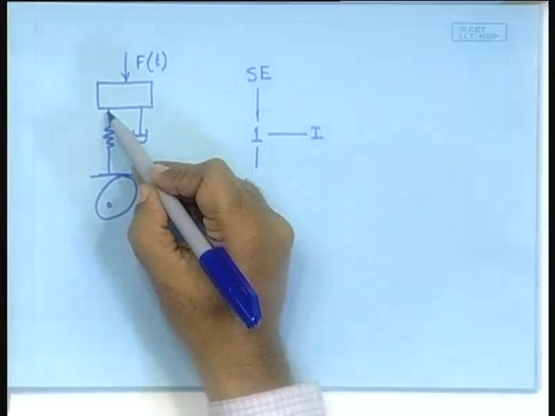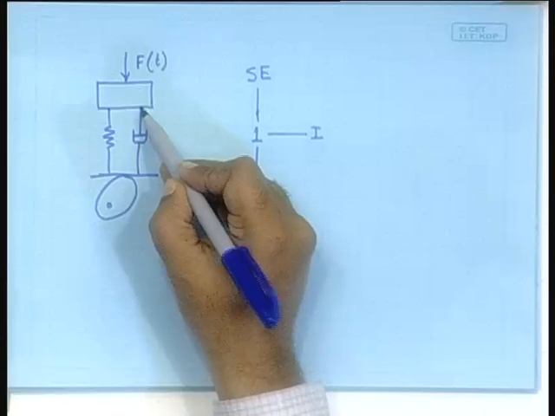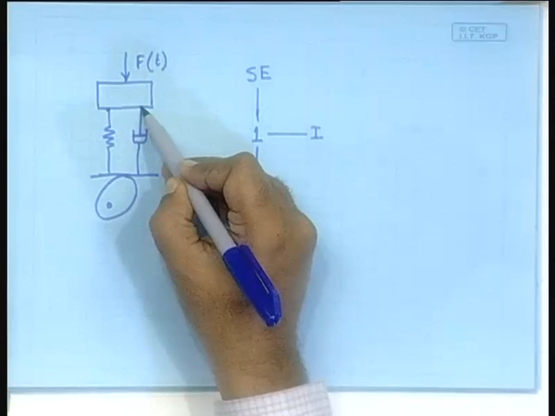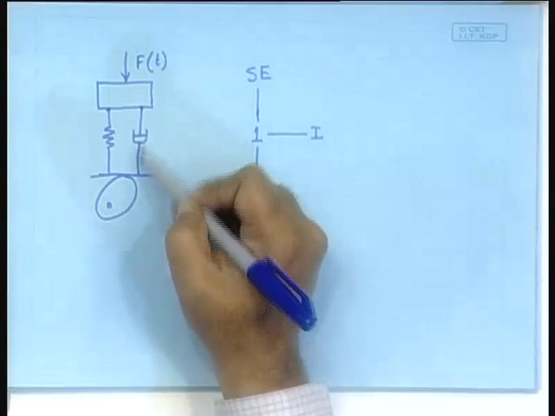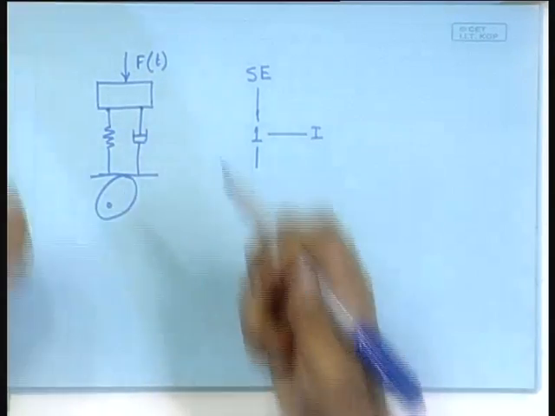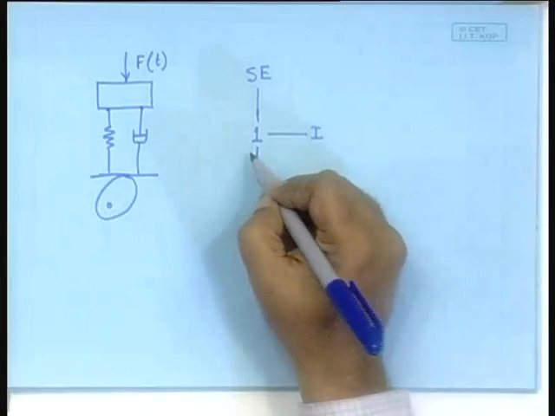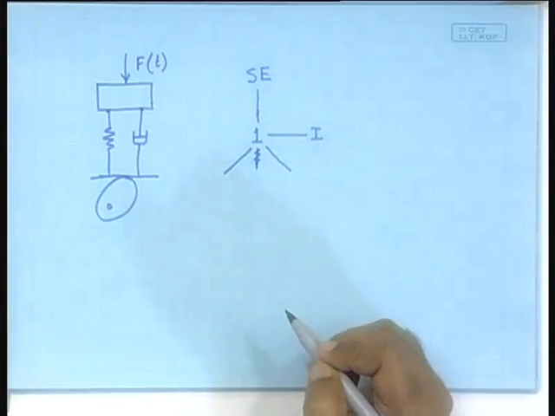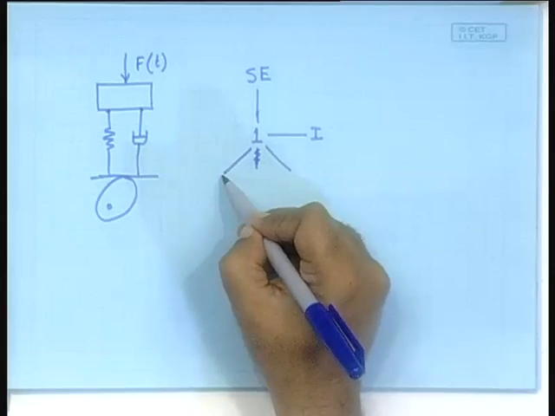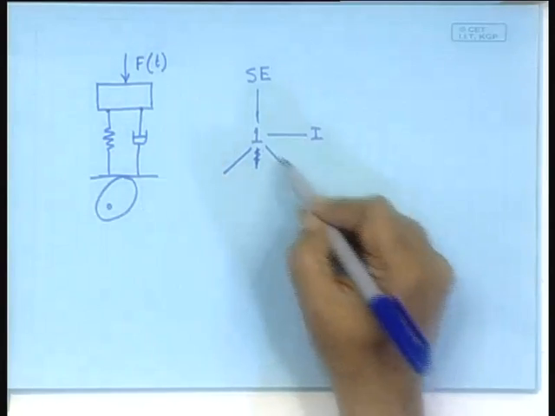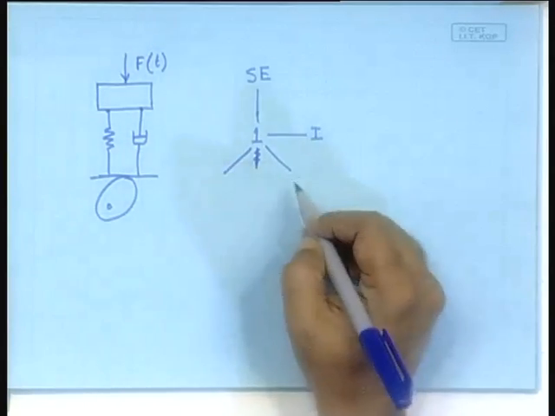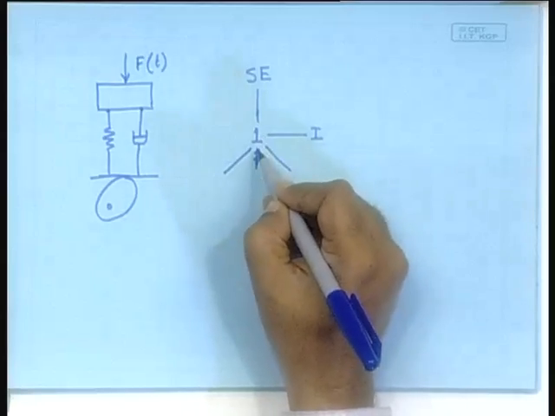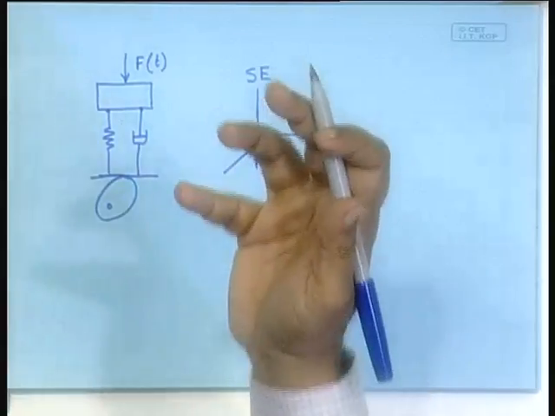I can see that this end and that end of the spring and the damper share the same flow. So, they are also connected. So, I will do it like this. Here is the thing that is connected to the spring, here is the thing that is connected to the damper, but both of these bonds share the same flow, because these two ends have to move together.